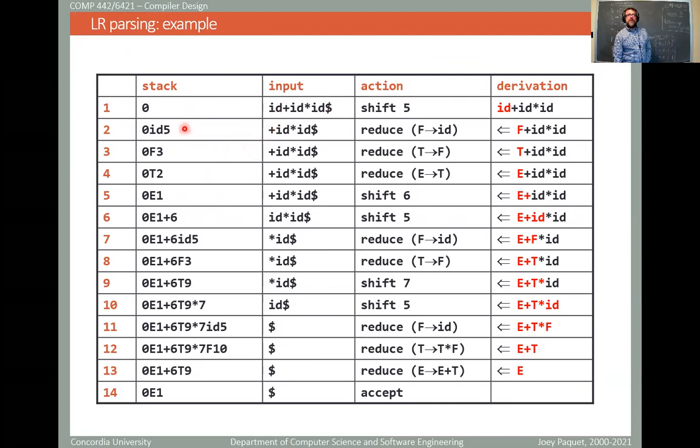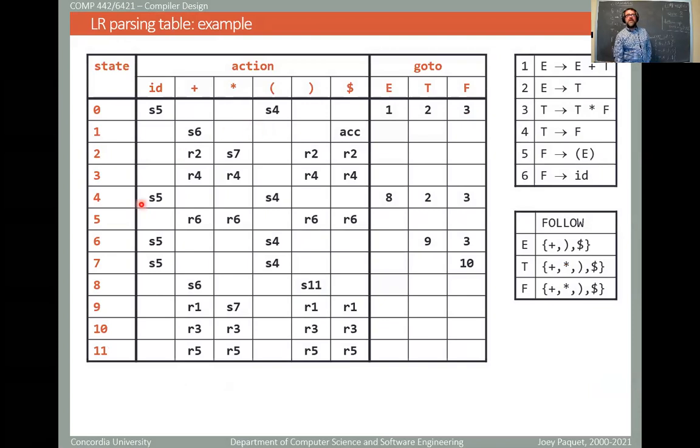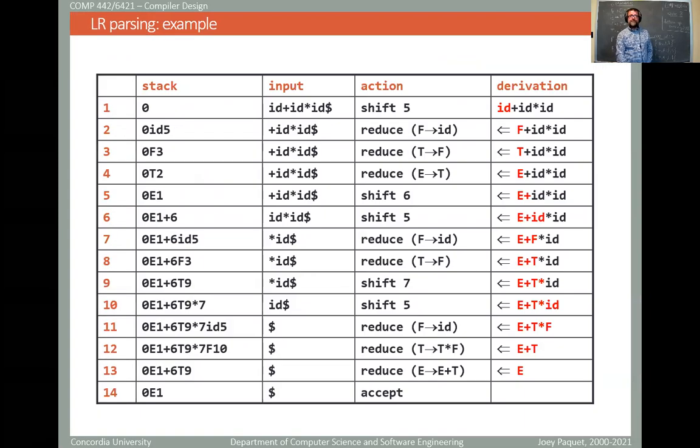And I do another iteration, 5 plus. What is 5 plus telling me? 5 plus is telling me reduce 6. So I'm going to transform this ID I just parsed into an F. I have to remove this ID, but because it came with its state, if I want to remove the ID, I have to remove 2 things from the stack.